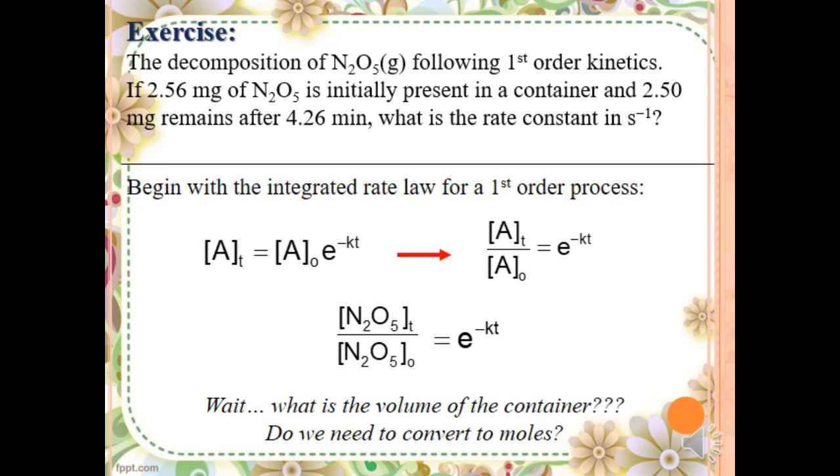Remember first order is ln A minus ln A naught equivalent to negative kt. If you bring ln over here, we have exponent e negative kt, so A at time t divided by A naught.